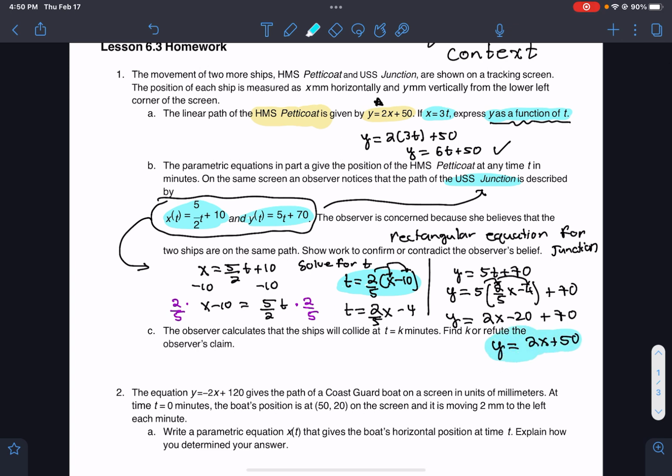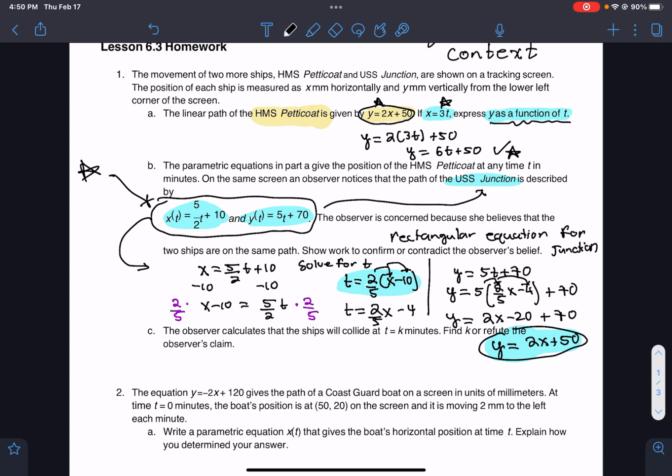So we just did this whole problem, and even though this part, which I'm going to highlight, do you see that the positioning is different for B than it is for A, because we have 3t here and we got 6t plus 50, but both functions are actually the same.